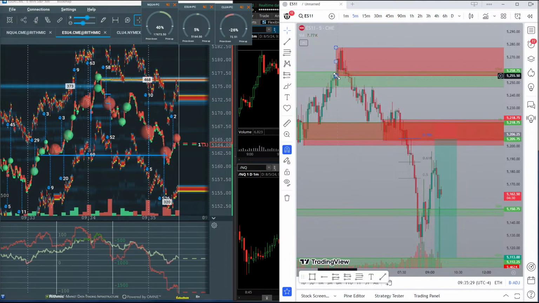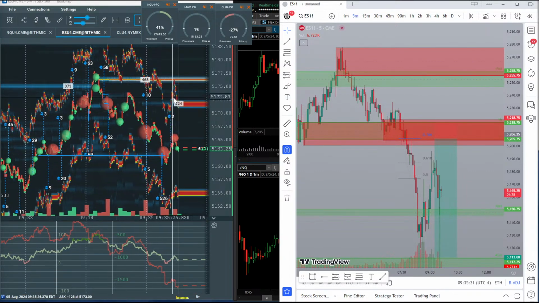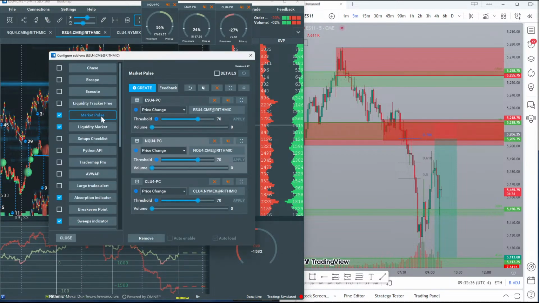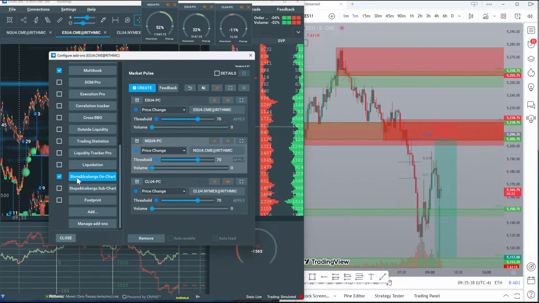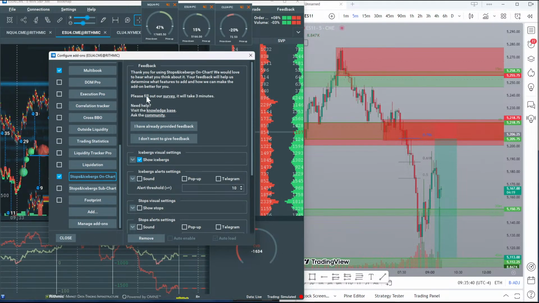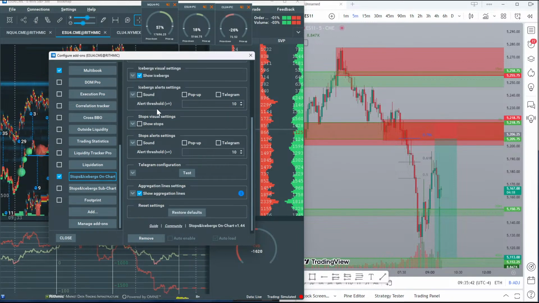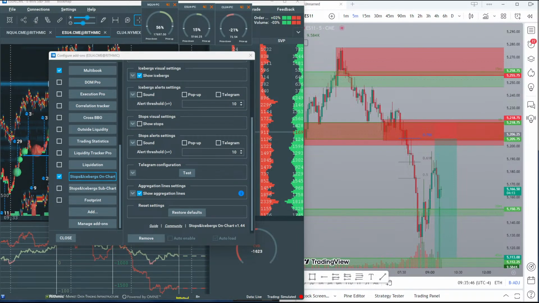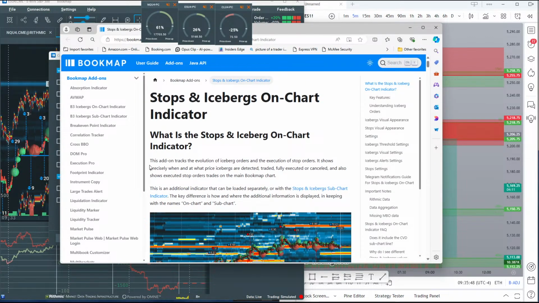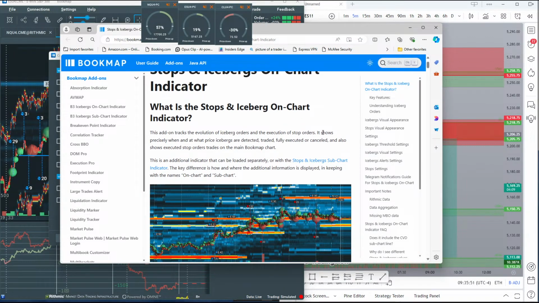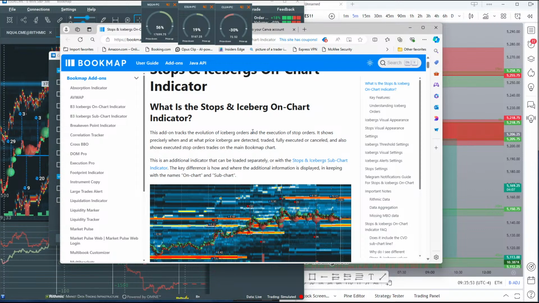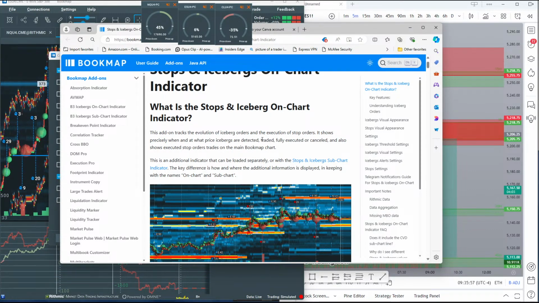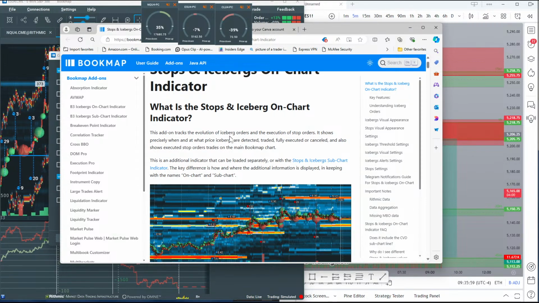An iceberg is an indicator on Bookmap. I'll pull it up and we'll go exactly into it. So, stops and icebergs on chart. It shows where there are add-ons, the evolution of iceberg orders and execution of stop orders. It shows when and at what price icebergs are detected, traded, fully executed, or canceled.